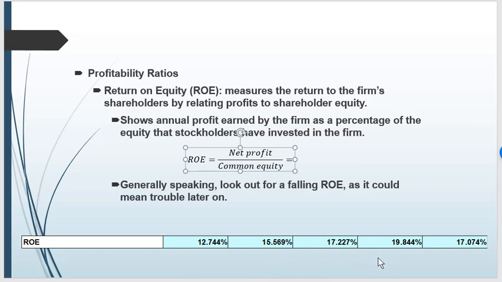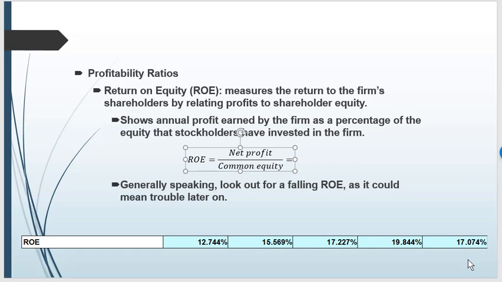And as you can see, in general, we've had some fairly decent growth in return on equity for this company over the past 5 years. Again, around 17% is the return that investors are seeing from the profits of the company.